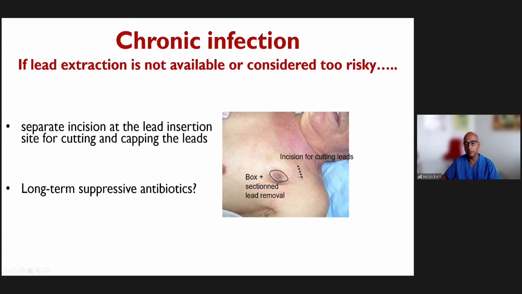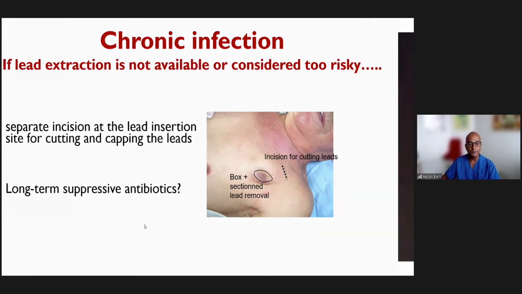So you're pulling out the leads through here, and you're not allowing any contamination of this area, and hope that the leads, in fact, at this level are not infected. This really is, I would say, a bailout solution if lead extraction is not possible. I think I've only done this once.